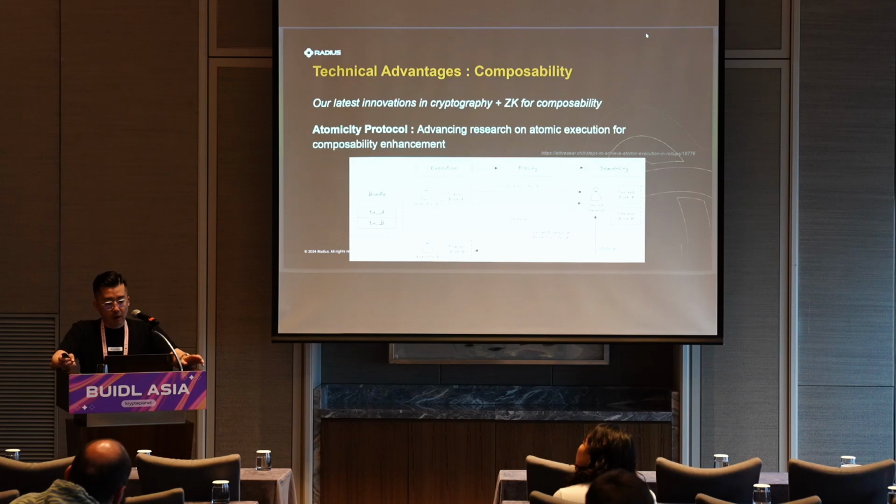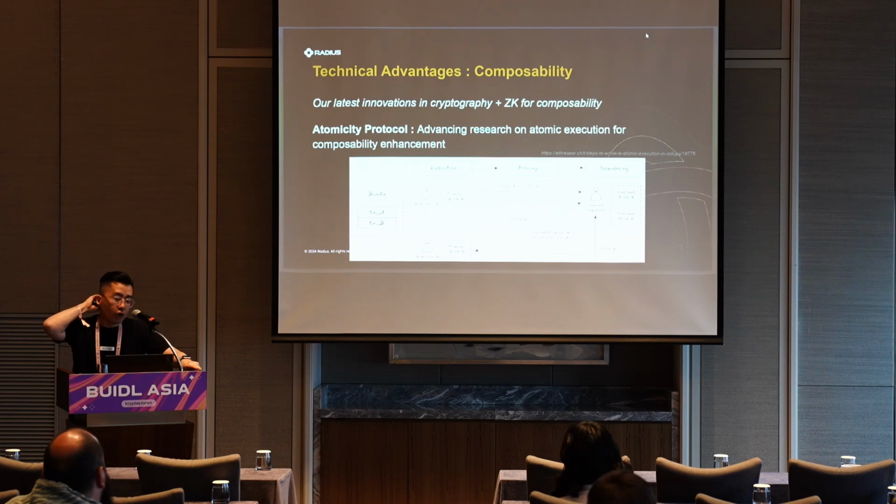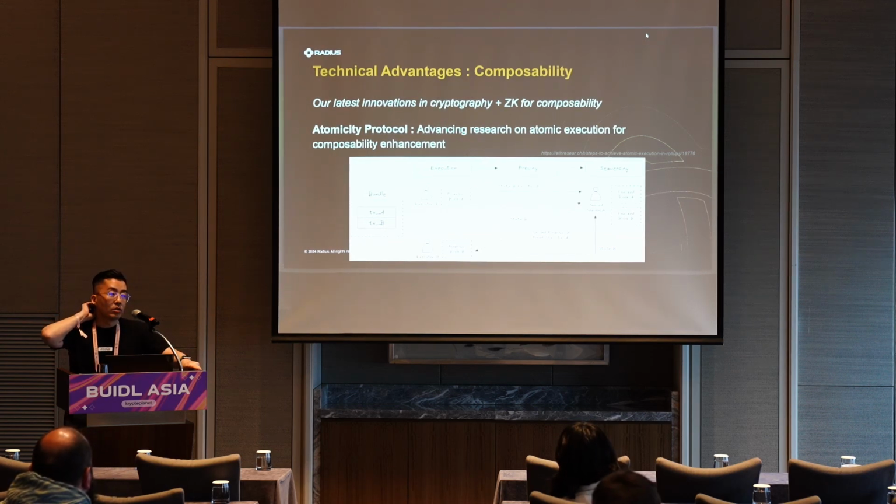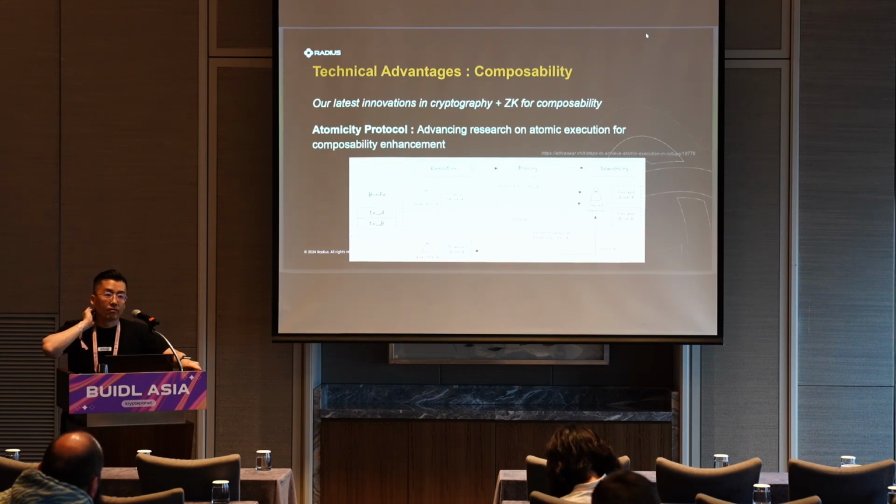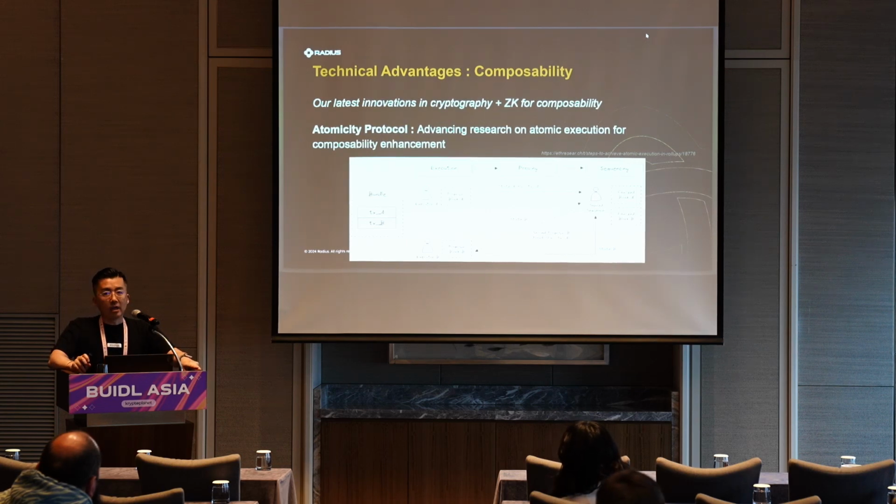Okay. So another one is synchronous composability. Usually a shared sequencing layer is stateless, which means that the sequencers for this shared sequencing layer don't keep the states for each block, which means these sequencers cannot execute transactions because they don't have any states.